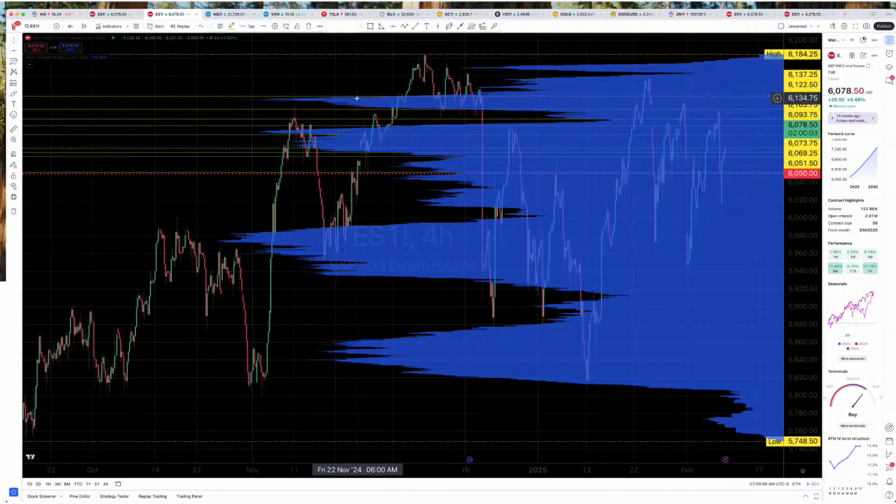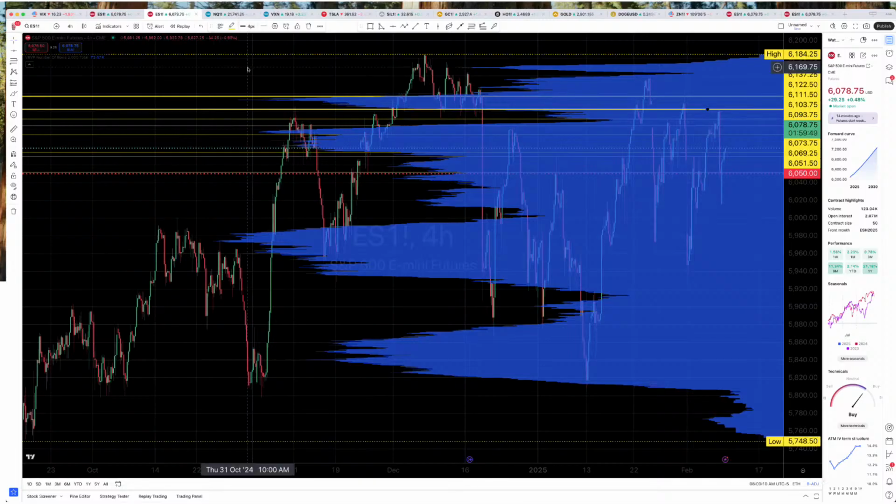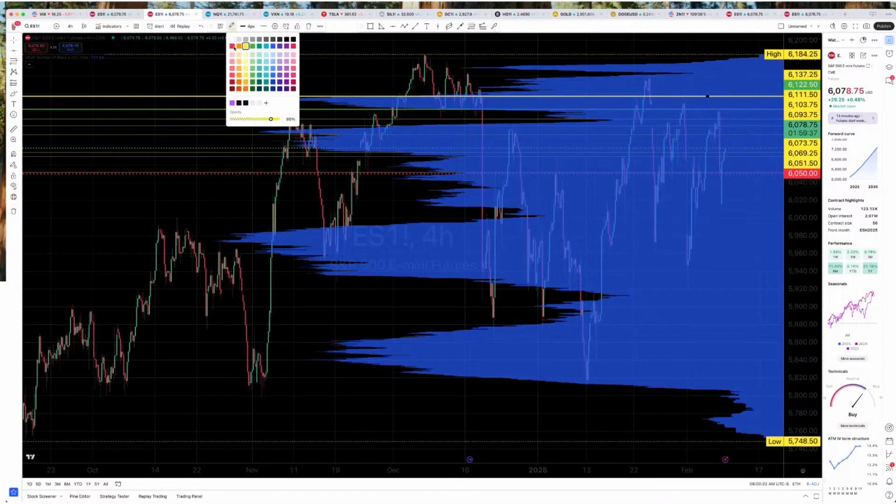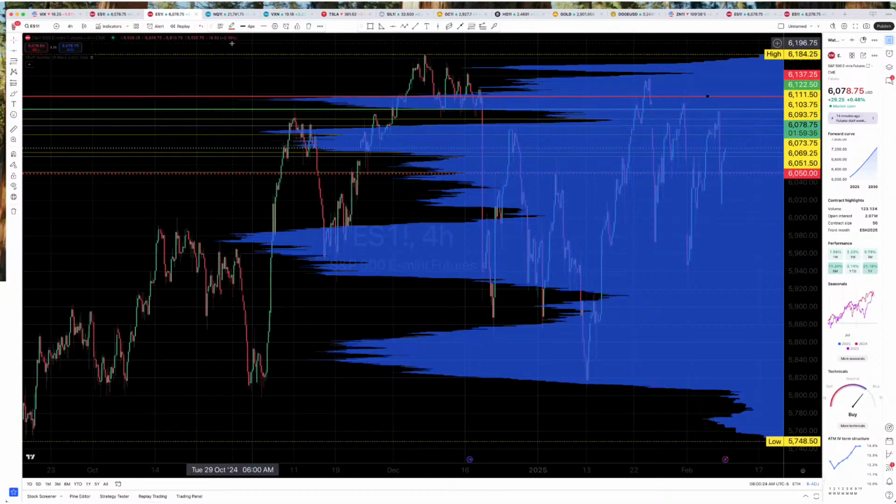But what I do for these nodes is I want to see whether I'm at the top or the bottom of a node. The way I'll do that is, first of all, I'll make them thicker like this. And secondly, I'll color them. The bottom of the node I always make green, because if you bounce off of it and go up, it's bullish, right? And I make the top part red, as if it's bearish, just to distinguish, really.